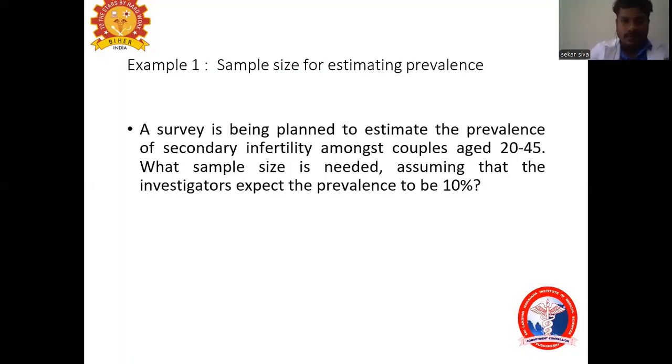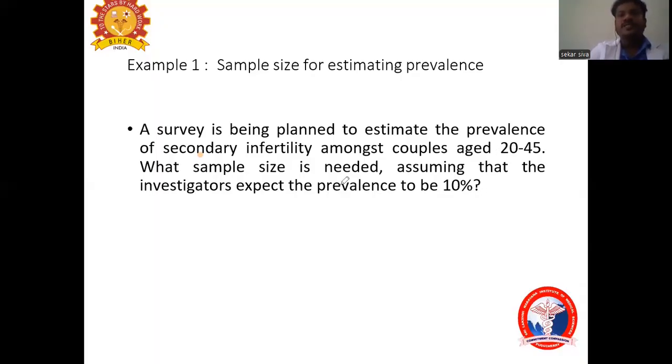Here they clearly mention the prevalence of secondary infertility, which is our study sample, among couples aged 20 to 45.